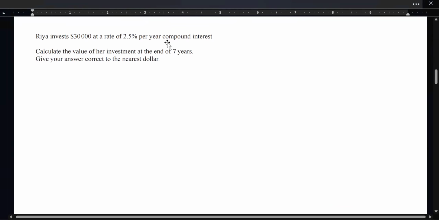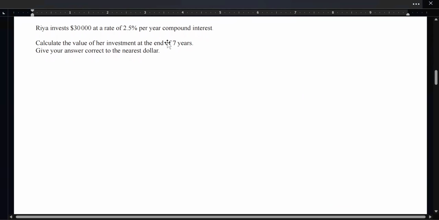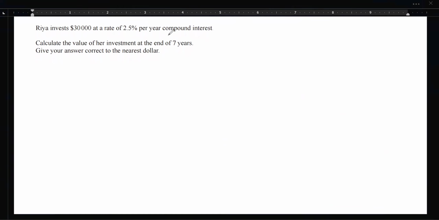Ria invests $30,000 at a rate of this much, and be careful, it's a compound interest. Look at this, they mention here it's a compound interest.